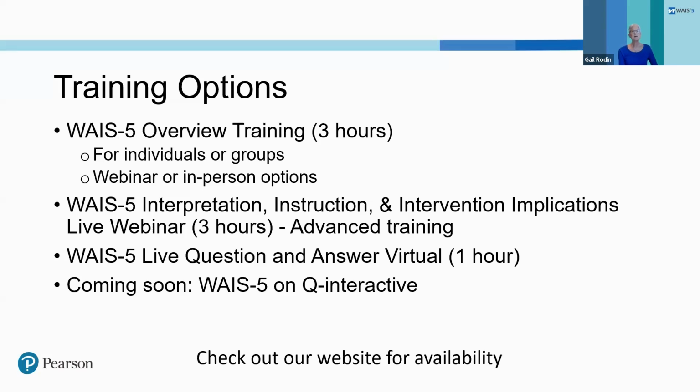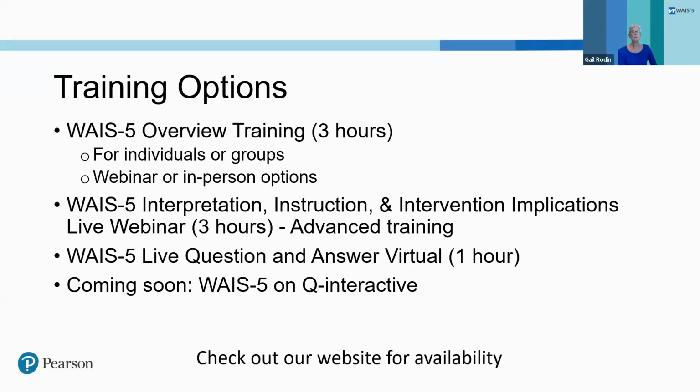Now we also have advanced training available. So this is called WAIS-5 Interpretation, Instruction, and Intervention Implications. This is a live webinar, again, 3 hours, okay? And then as a follow-on, we have a live question and answer virtual webinar, which is 1 hour. And this is typically done after you've had your initial training.